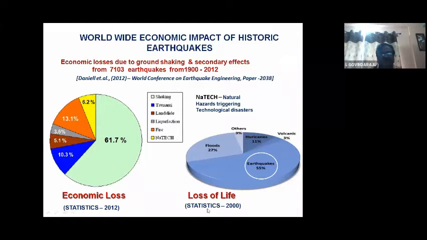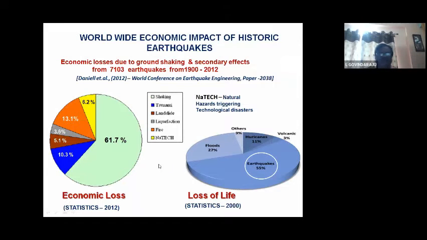I have collected statistics up to 2000; I don't have data for the last two decades. You can see that loss of life is about 55% due to earthquakes. Probably this figure would be more now, because we are in 2022, two decades later, so it is exponentially growing.